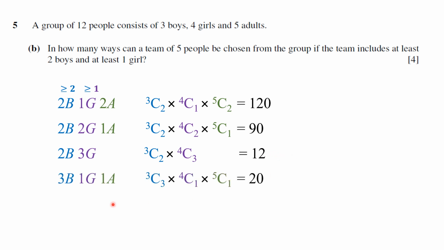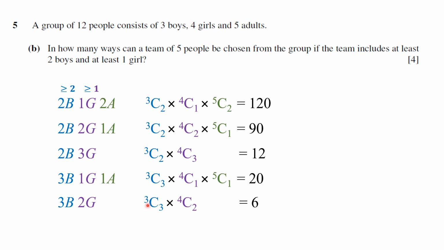Or we can have 3 boys, 1 girl, and that leaves us with 1 adult. So we have 3 combination 3 multiplied by 4 combination 1 multiplied by 5 combination 1, and that will be equal to 20. And the last one, we can also have 3 boys and 2 girls.